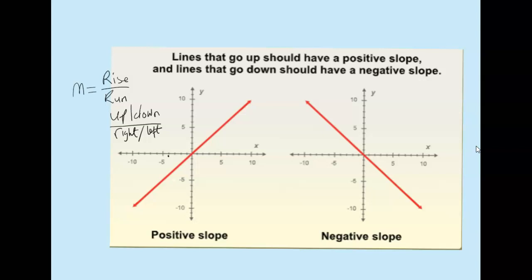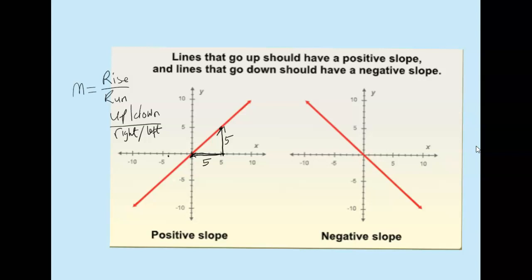this first graph here. We can pick a point here, and we pick another point here. Then we can say that we are going up, and then we run to the left here. So we went up 5 units, and then we run to the left 5 units.